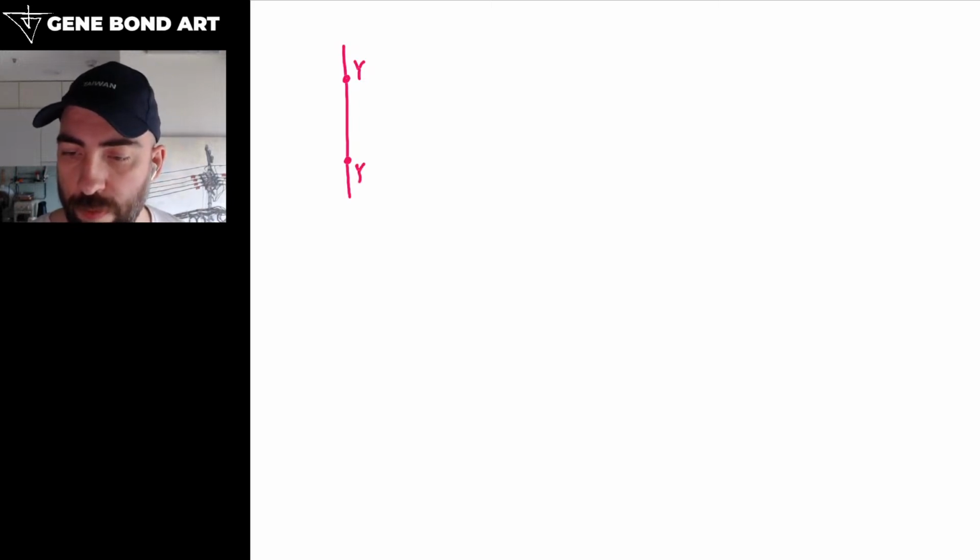So what I was talking about is, in a 5-point perspective, we have this standard pattern, right? Y vanishing point on the top, Y vanishing point on the bottom.